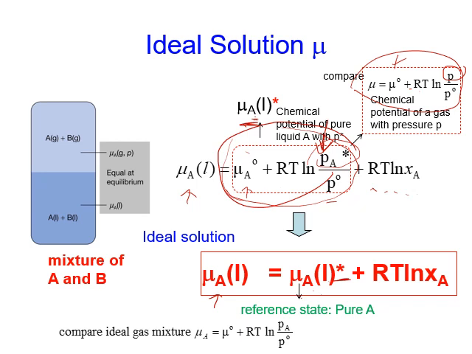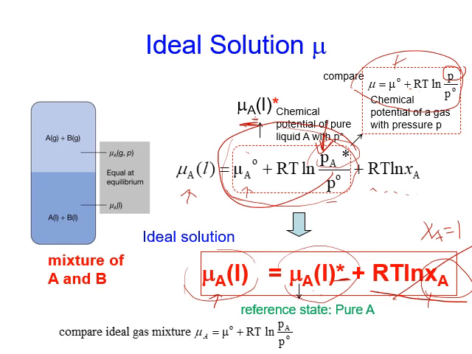Now, because it's not pure, we add a correction, which is RT ln XA. XA is the mole fraction of A. When XA is 1, ln 1 is 0, so the chemical potential of A in the liquid is the chemical potential of A when it's pure liquid.